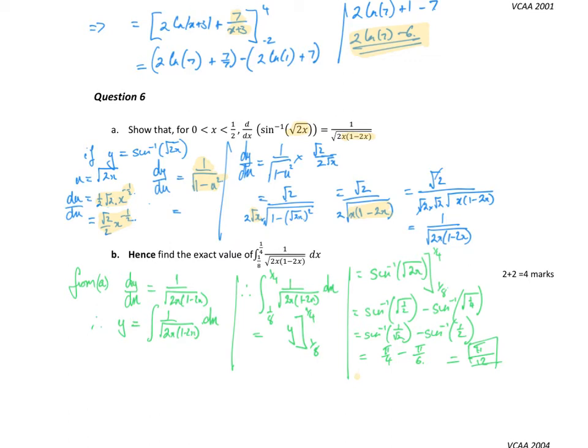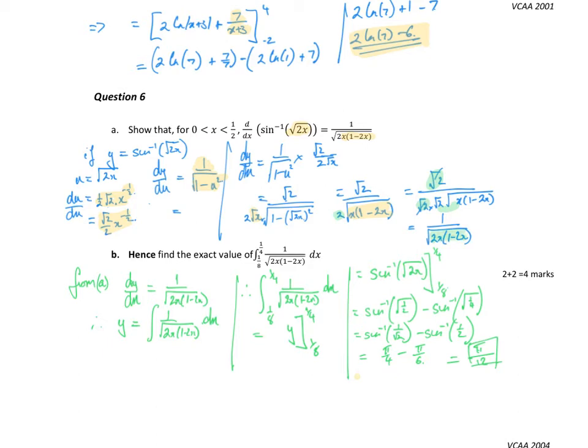So if I break this 2 here into root 2 by root 2, then one of them will cancel, won't they? Root 2 can cancel with that root 2, and then that root 2 can go in. And so we end up with the format that we require.